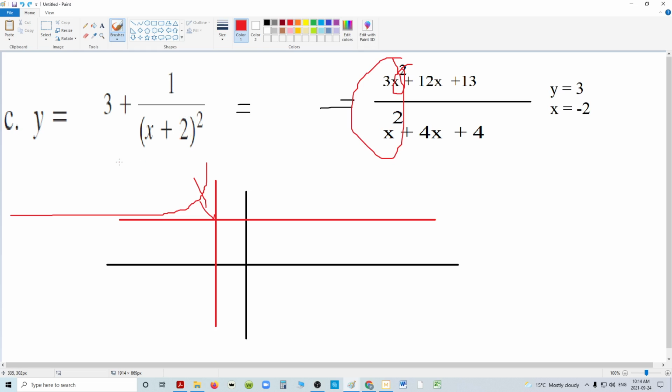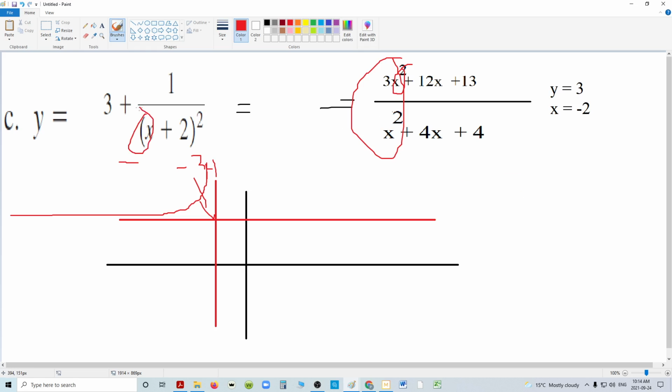What happens when it's right close to minus 2? Let's take minus 3. So you get minus 3 plus 2 becomes minus 1 squared, 1. 3 plus 1 becomes 4. So right here at minus 3, we get 4. So we know it's positive. Now what happens when we take just to the right of minus 2?